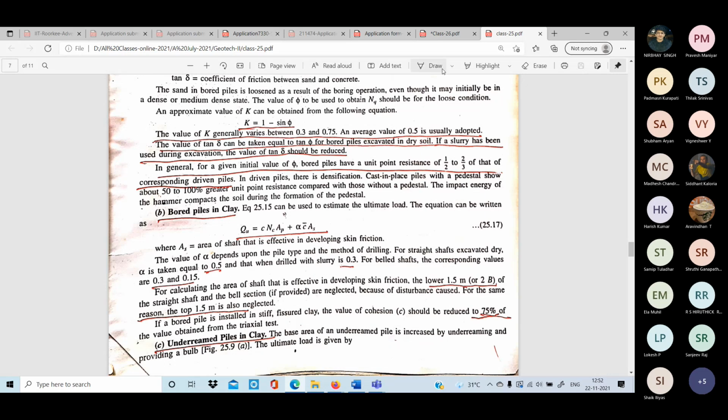Same thing we are using. The only difference is that at the tip we are taking the total block, and for the surface we are taking PG and D. That's the only difference.